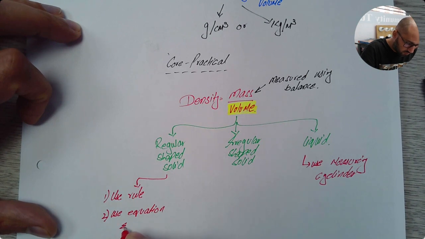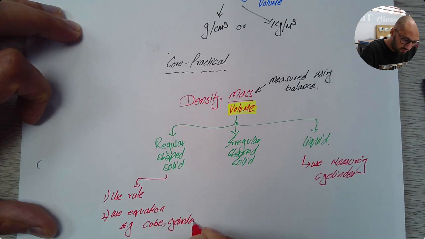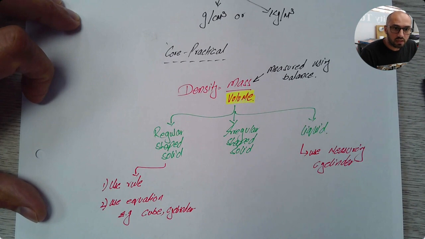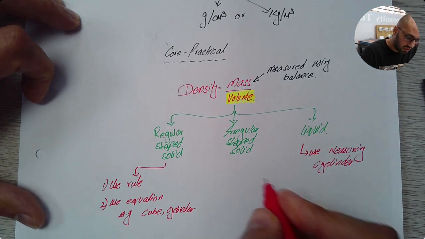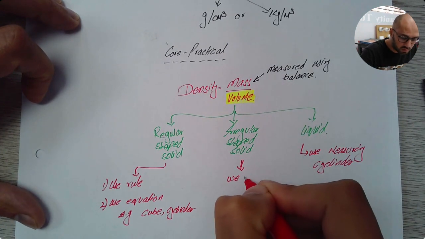For example, cube or cylinder. If the object is irregular shaped solid, for this we use displacement method.